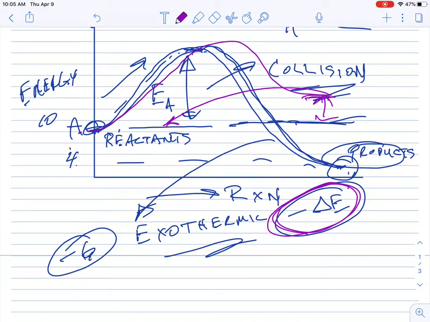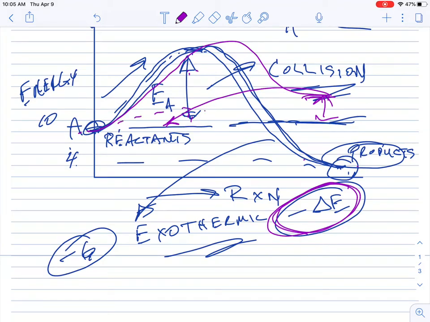So when you look at what's going to affect the rate, number one, the temperature, okay? And also what's going to affect the rate is the size of this activation energy. So if your activation energy is really, really big, that means it's going to take a lot of energy to get over the hump.